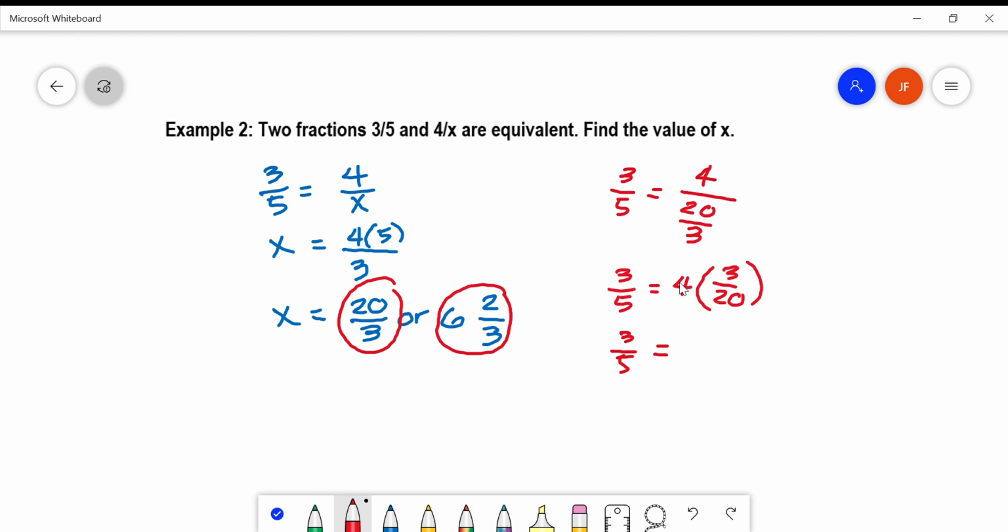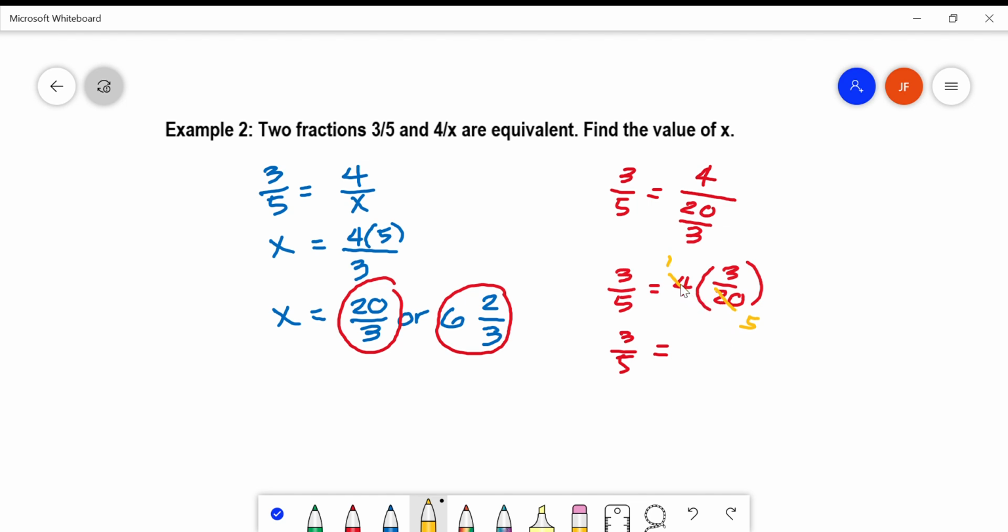Okay, so 4 and 20 have a GCF of 4. Meaning if we divide 4 by 4, that's 1, and 20 divided by 4 is 5.